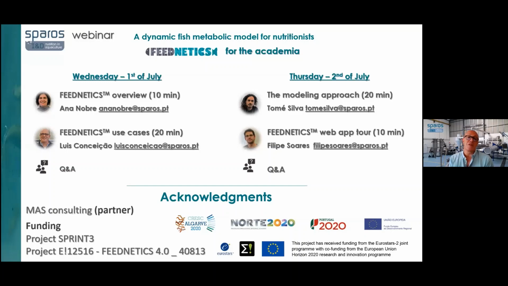The difficult thing with the larvae is that, I mean, one thing, Tomé will explain a bit more in detail the algorithm tomorrow, how the FEEDNETICS simulations are generated. But one thing it's clear that the feed intake is a major drive in the results of FEEDNETICS. So if the fish will eat more, you will tend to see a higher growth, and then it can be more or less efficient depending on the diet, of course.